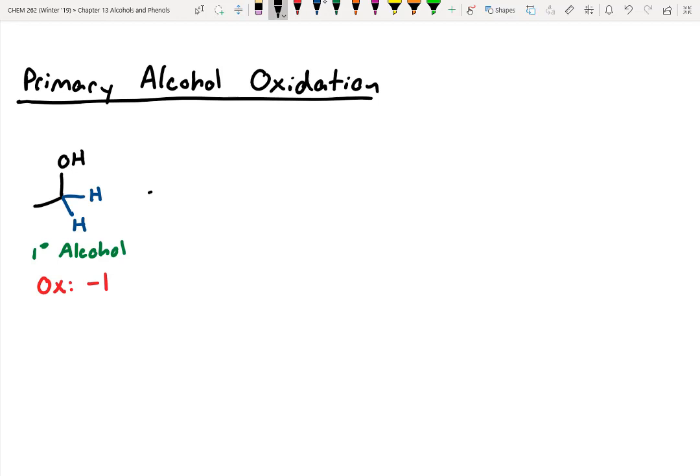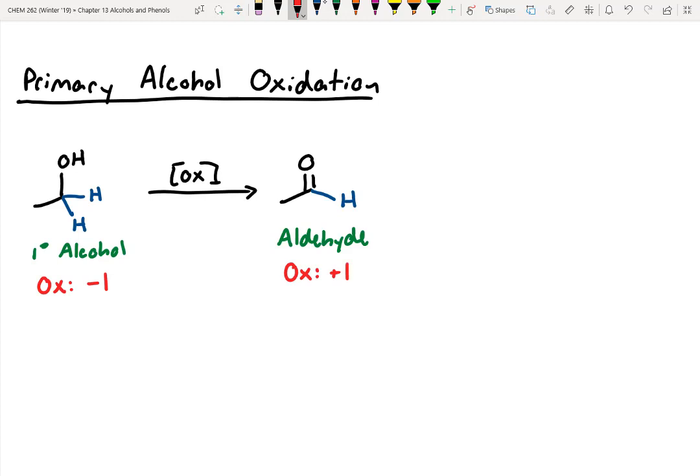And during an oxidation reaction, you can essentially think of it as a loss of hydrogen and its electrons. So we'll say oxidation. And if we lose one of those, we could form an aldehyde. And that aldehyde, the carbon in there would have an oxidation state of +1. So this would be a 2-electron oxidation. We can accomplish this with a wide variety of reagents that we'll talk about next.